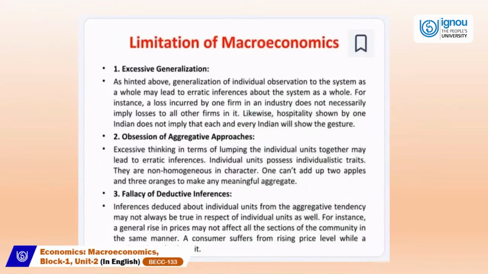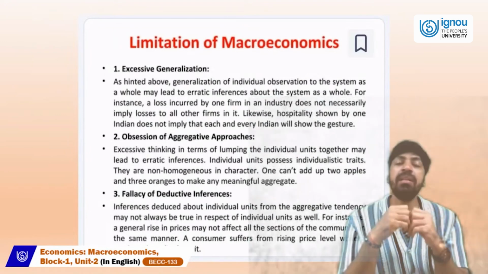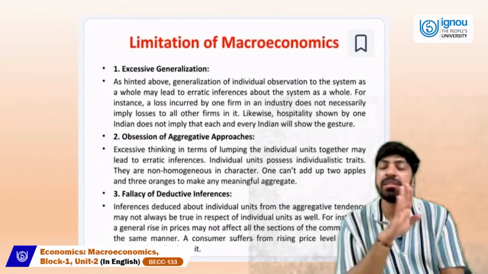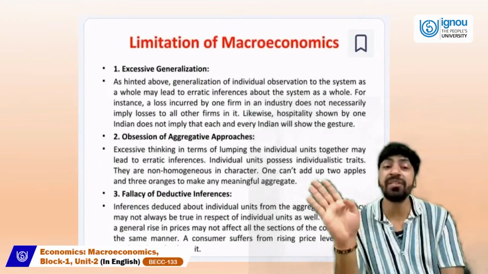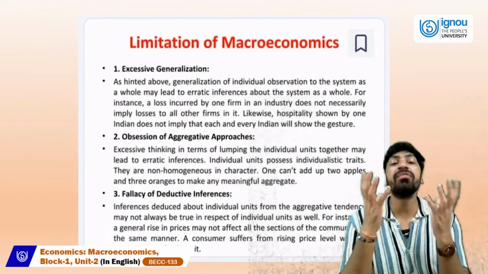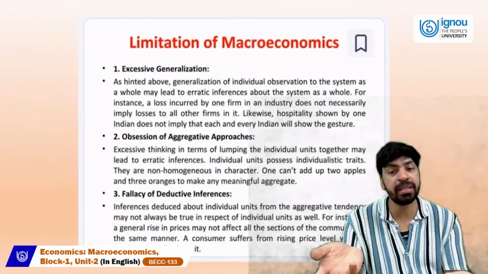So, if there is any situation, individual observations are turned into conclusions about the system as a whole. For example, if one firm in an industry incurs a loss, it does not necessarily mean that all the other firms incur losses.